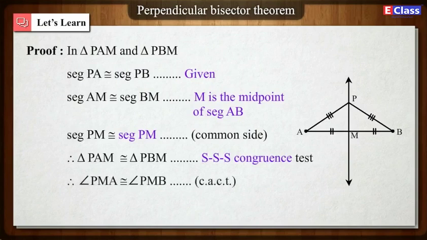Therefore, angle PMA is congruent to angle PMB by CACT. But angle PMA plus angle PMB is equal to 180 degrees.